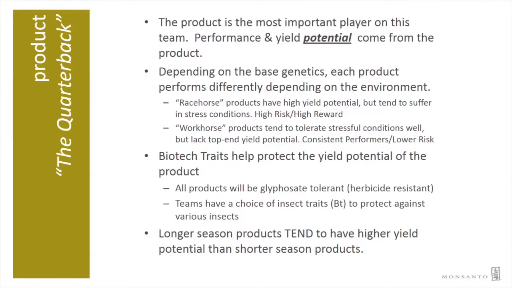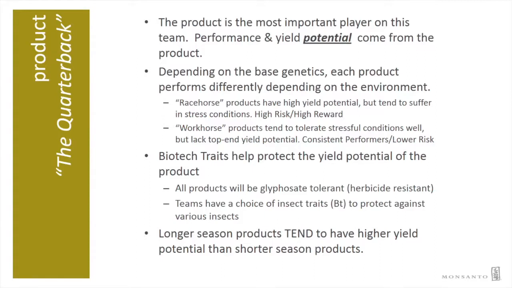We also use biotech traits to help protect the yield potential of all of our products. All of our products will be glyphosate tolerant, which is our Roundup Ready corn. That's just a base trait that we'll have in every single product that we choose from. We do provide options as a company to have a conventional hybrid for our organic farmers and growers, but for this exercise, we're going to stick to just base Roundup Ready tolerant products.